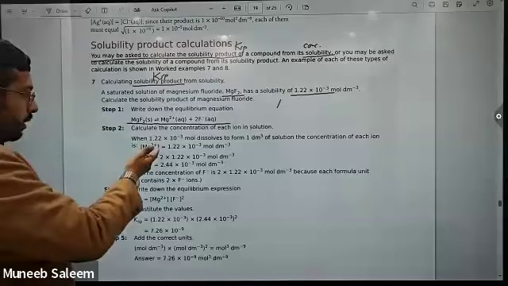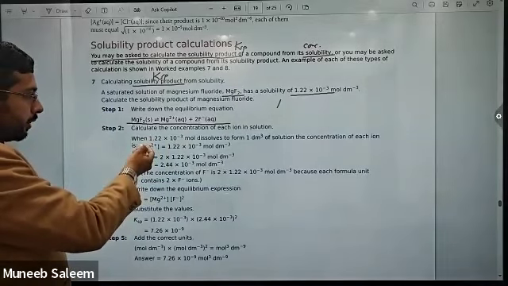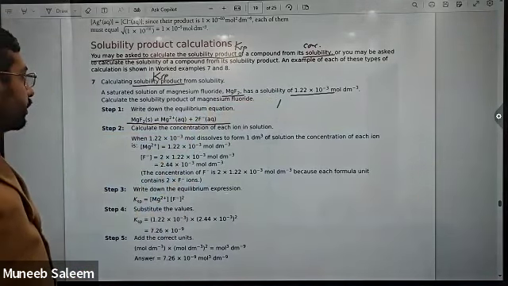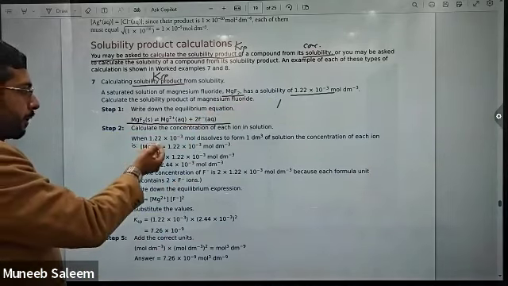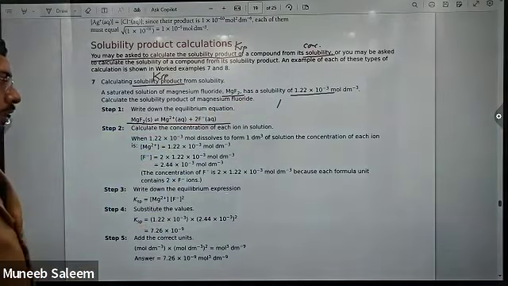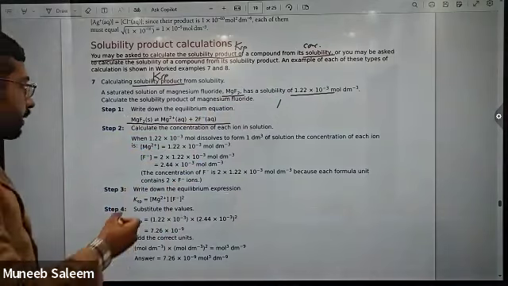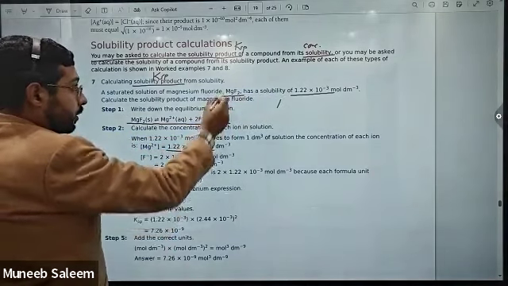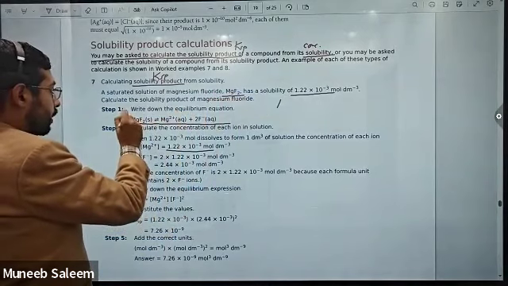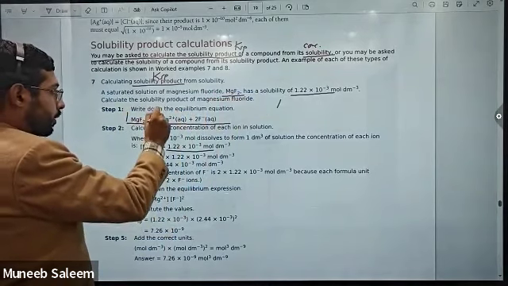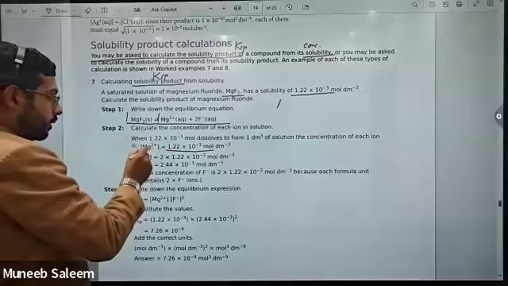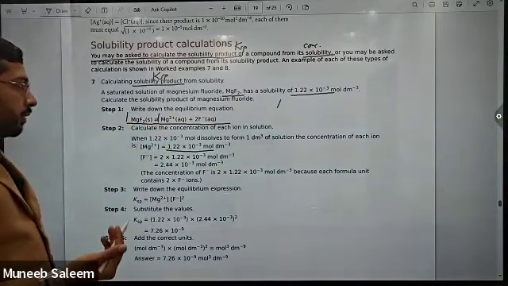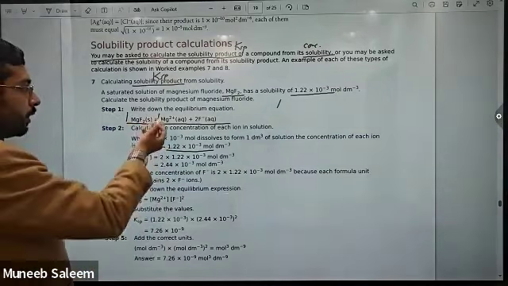So we say that when 1.22 times 10 to the minus 3 mole of magnesium fluoride is dissolved in 1 dm cube of solution, then the concentration of Mg2+ ion will be equal to this much, since we can see there is a 1 to 1 ratio. 1 mole of MgF2 produces 1 mole of magnesium ions. So there will be equal amounts, since it is sparingly soluble.